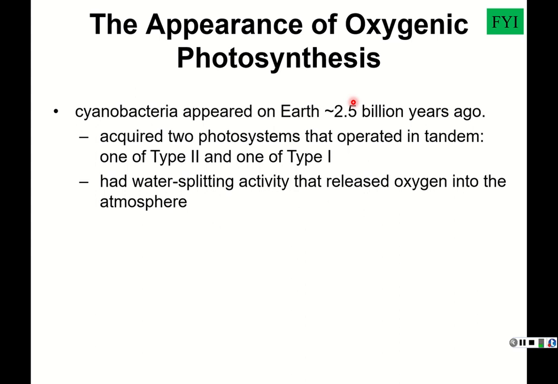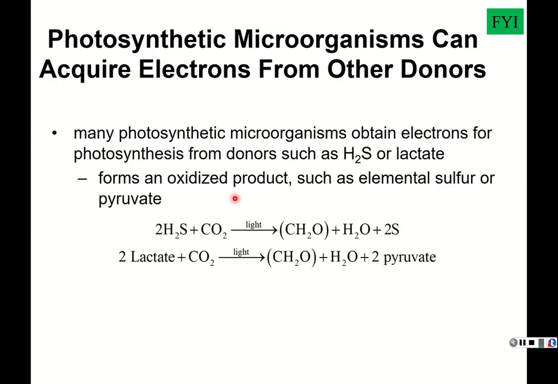Cyanobacteria acquired the two photosystems that could operate in tandem. That's what allowed the ability to split water and release oxygen into the atmosphere, and thus create an oxygen atmosphere. Subsequently, plants and animals could evolve using that oxygen atmosphere.